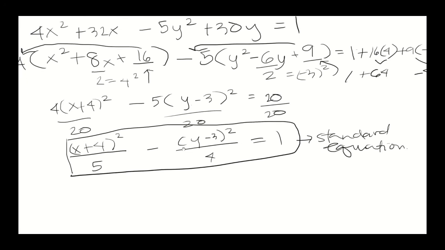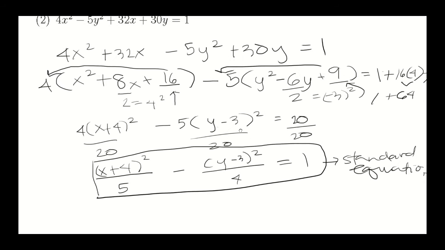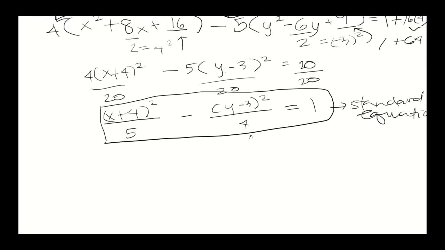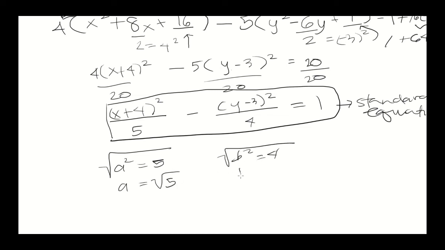Okay, next. We need to get the foci. To get the foci, we need a squared, which is equal to 5. If we square root that, a is equal to square root of 5. Then b squared is equal to 4, and b is equal to 2.